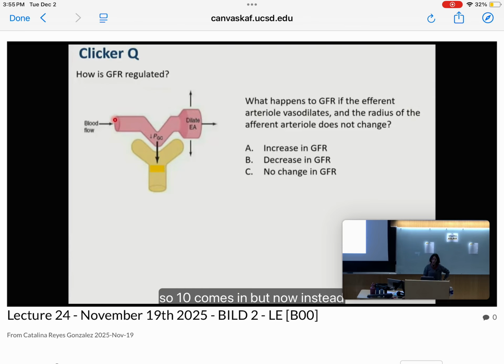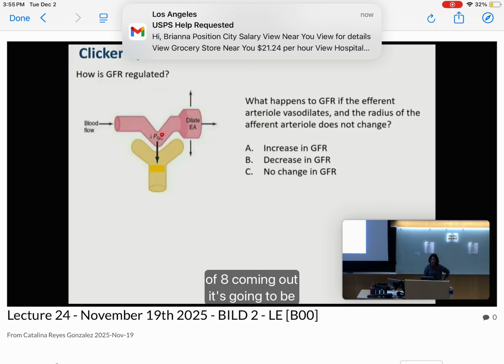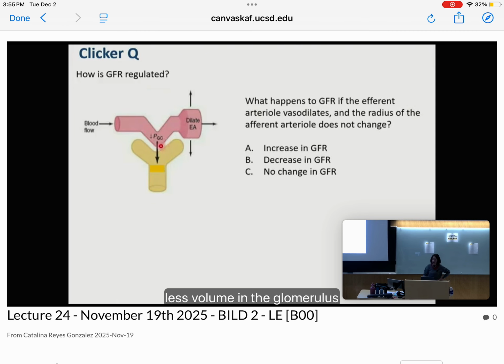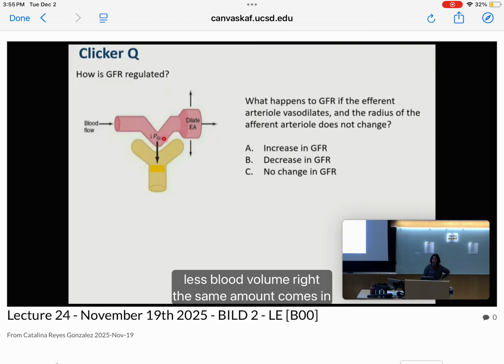So 10 comes in, but instead of 8 going out, 10 leaves. Do I end up with more or less volume in the glomerulus? More blood volume or less? Less blood volume, right? The same amount comes in, but now a ton of it leaves. So that blood volume in the glomerulus decreases.